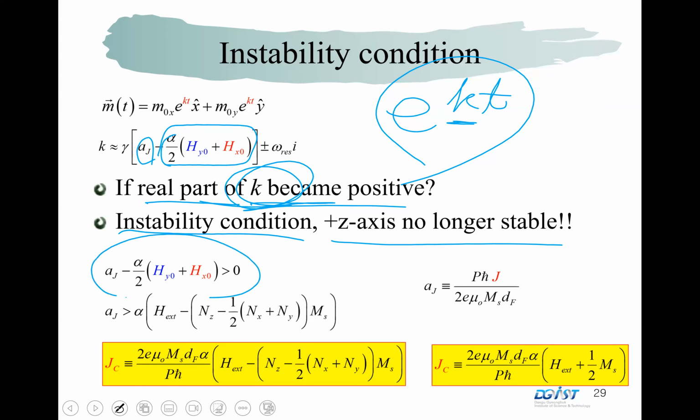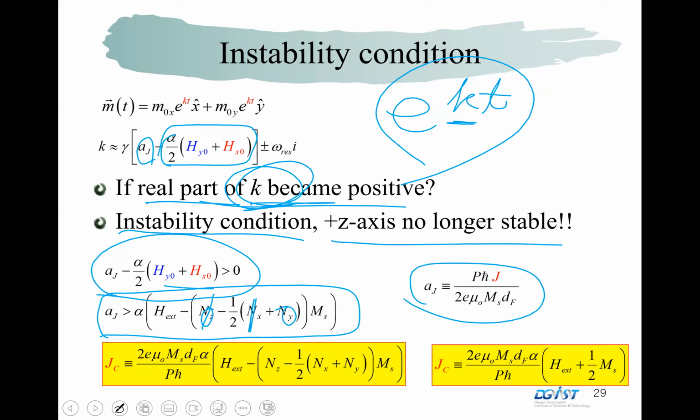Okay. So to find the condition where the real part of K becomes positive, let's go back to the definition of hy0, hx0 again, and we can find this condition. If you insert this is 0, this is 0, this is 1, and also AJ has this form, I hope you remember that. We can convert AJ to the current density with some material parameters.